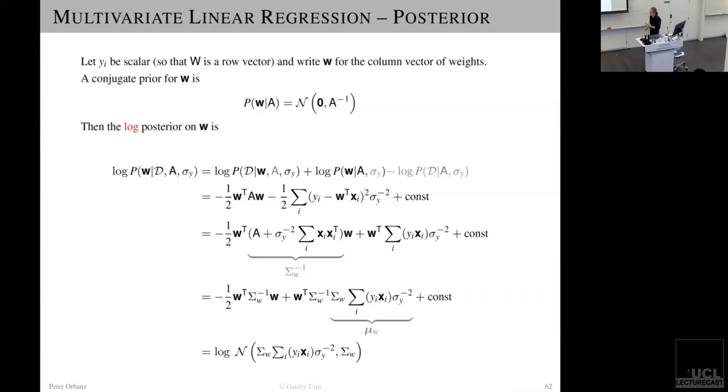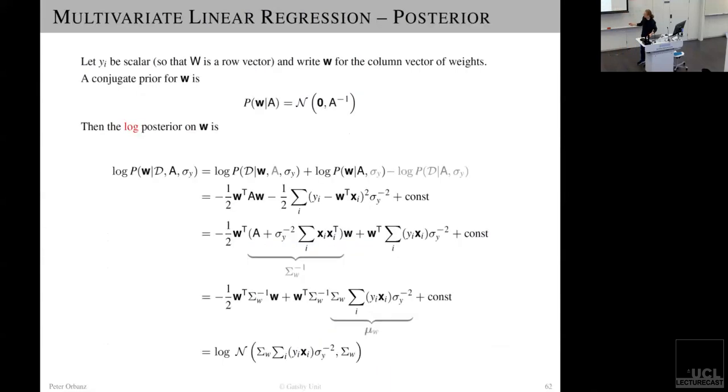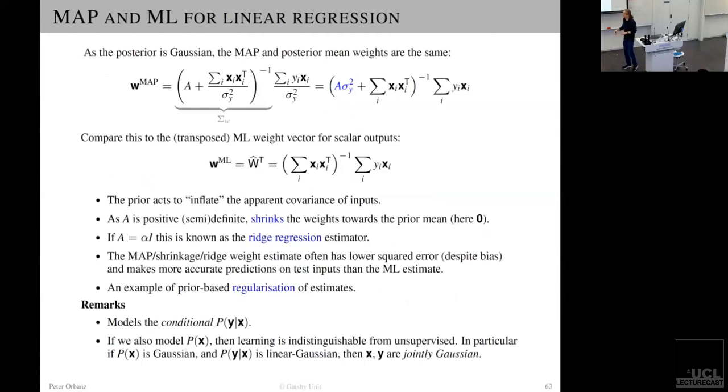So if we do that, what happens? The MAP for W is this term here. This is literally just taking this distribution here and maximizing it with respect to its argument.